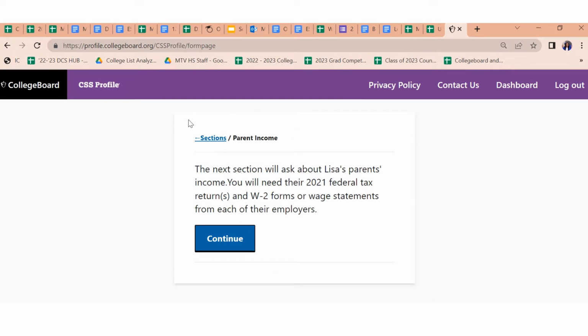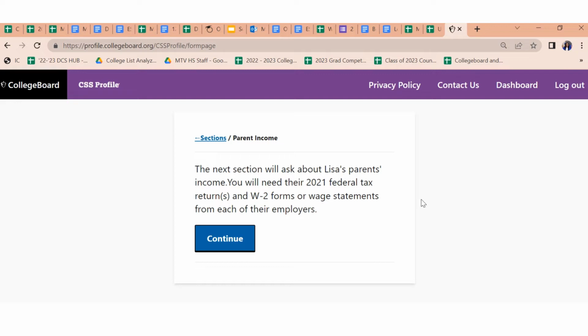And then we will be taken to the next section, which is asking about parent income. Something that would be wise to have with you right now would be either to have your student's FAFSA student aid report open on your computer or print it out next to you, because you want to make sure that the financial information that you entered in FAFSA aligns with what we are now entering in the CSS profile.